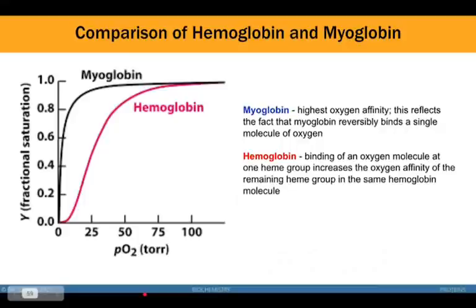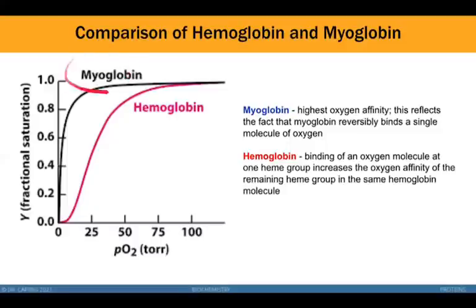Okay, so if you compare the curves, myoglobin has a hyperbolic curve, while hemoglobin has a sigmoidal curve. And what is the reason for this? Since you have only one available binding site for oxygen in myoglobin, this means that myoglobin is already saturated by binding to one oxygen molecule.